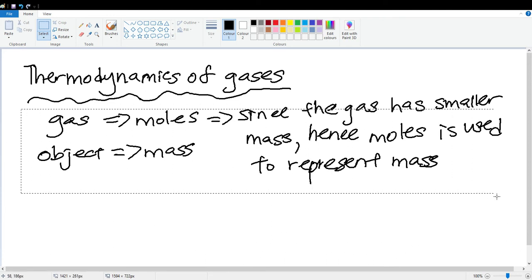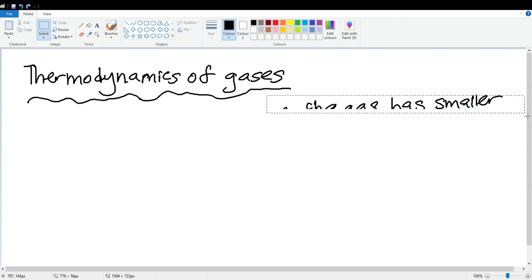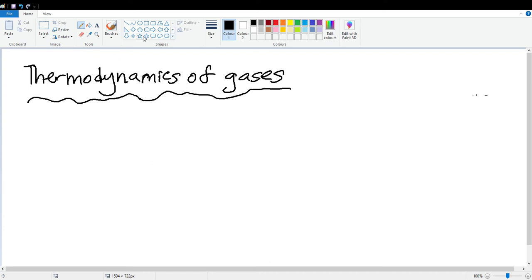Alright, since we calculate gas in terms of moles, what we have is the molar heat capacity. The molar heat capacity is divided into two different conditions.